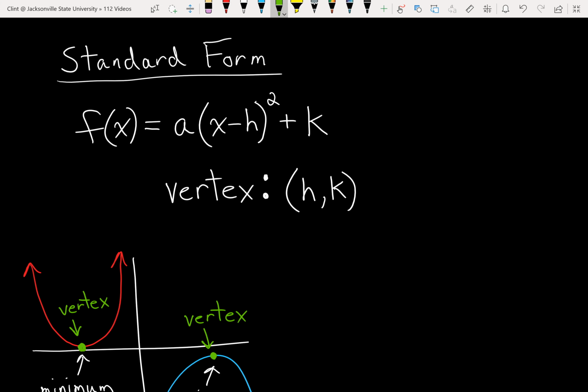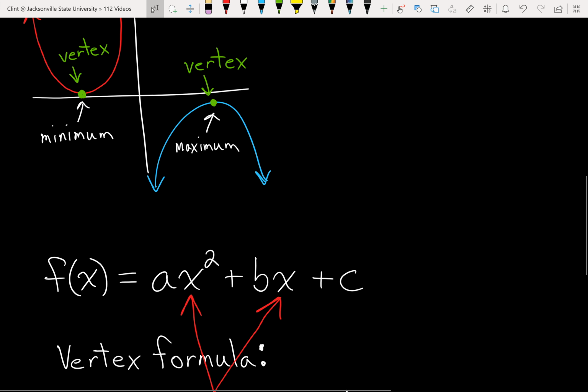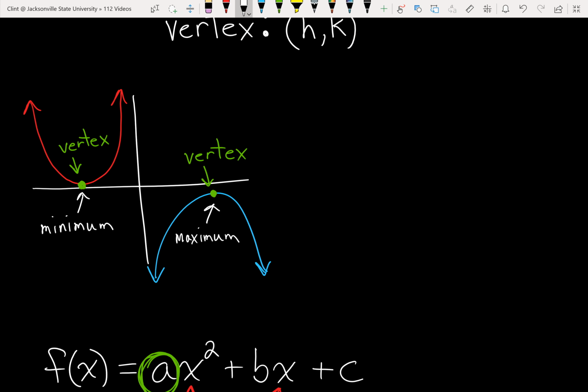So here, if it's in standard form, here's our leading coefficient, that a. And luckily for us, if we look at it in the expanded form, our leading coefficient we also call a. So we look at that coefficient with the x squared term. And we say if a is positive, then that means we have a minimum value.